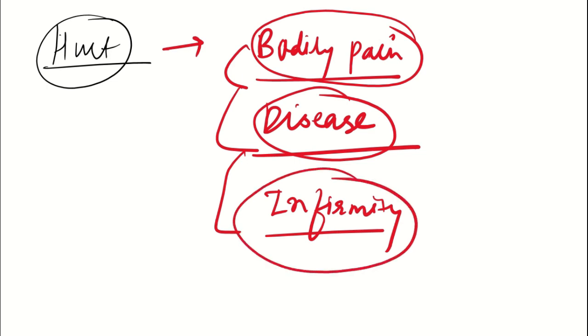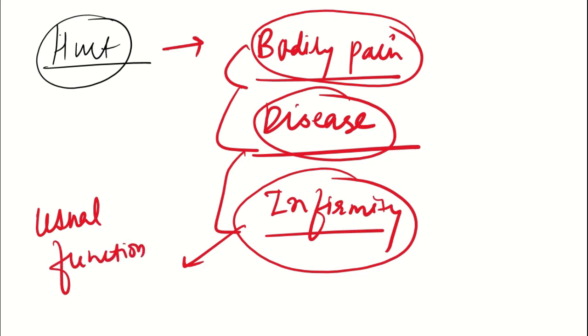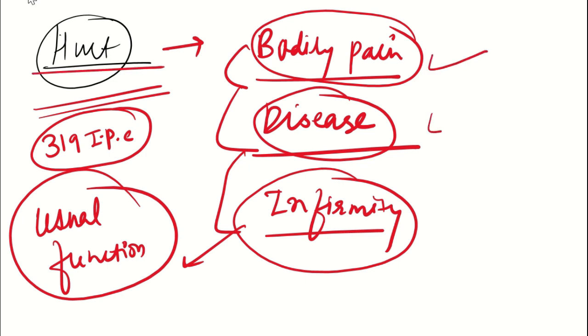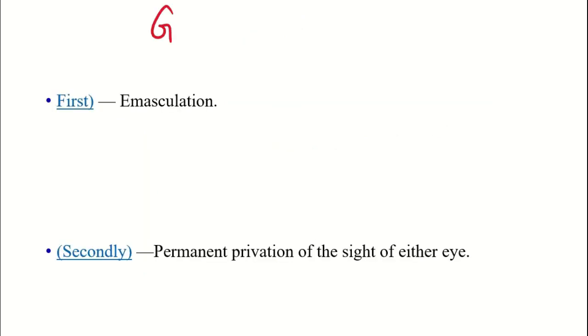And infirmity is when some organ or part of the body is not able to perform usual functions. This hurt is defined under section 319 of the Indian Penal Code. So as per section 319, hurt is causing bodily pain, disease and infirmity to anybody. This is hurt.